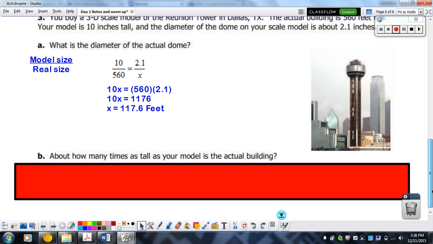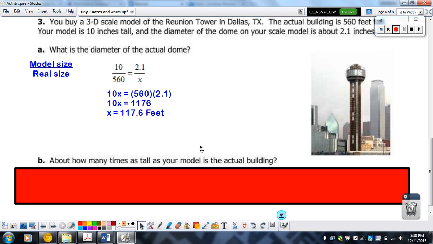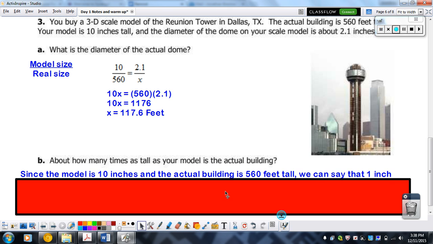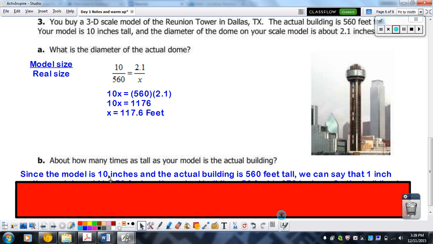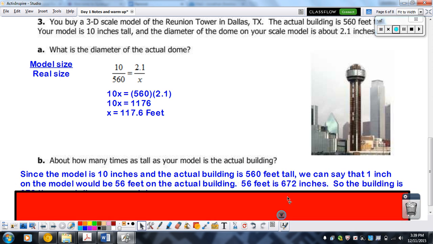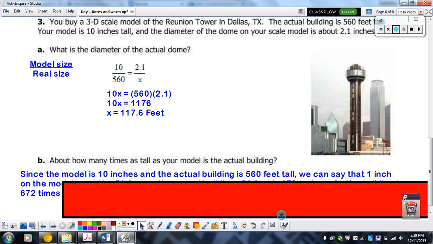The next question is a little more complicated. It asks how many times as tall as your model is the actual building. I typed up an explanation here. Since we know the model is 10 inches tall and the actual building is 560 feet tall, we could say that the ratio or the scale would be 1 inch on the model is 56 feet on the actual building, because we put 10 over 560 and reduce it. 56 feet translates to 672 inches if you multiply 56 by 12.